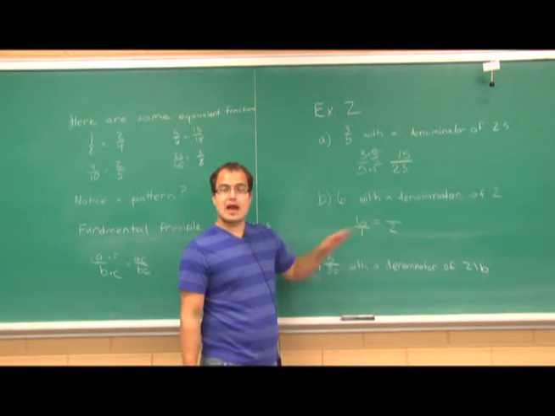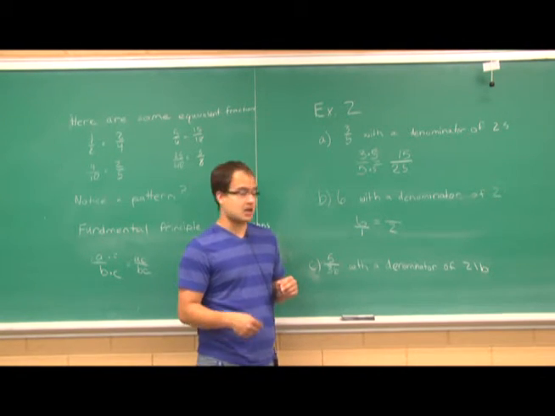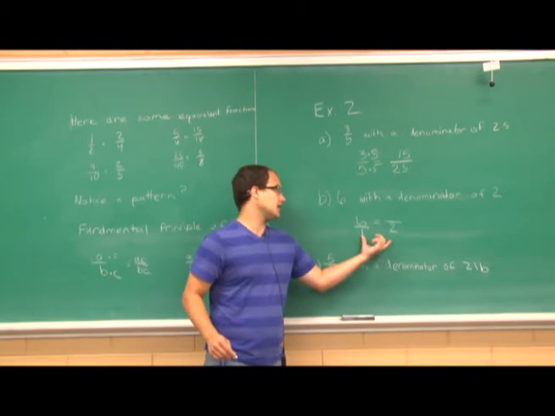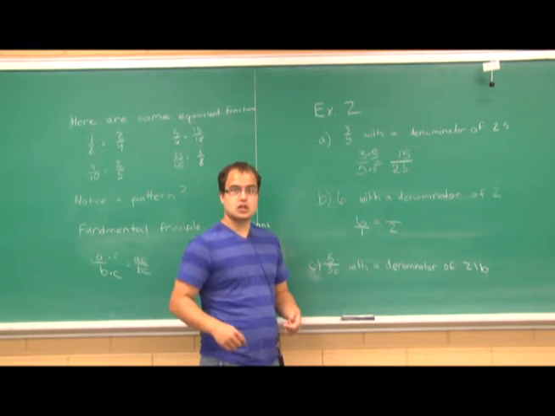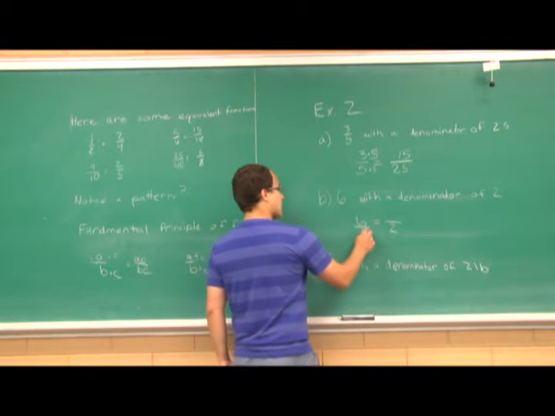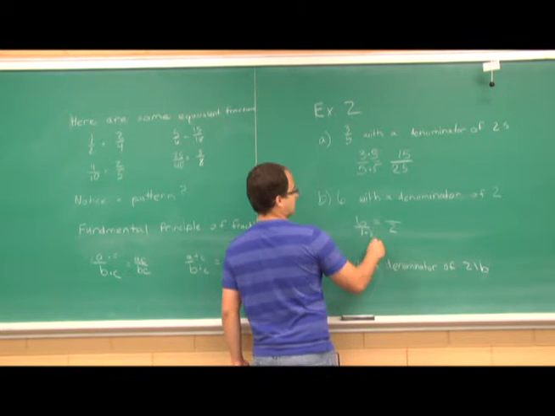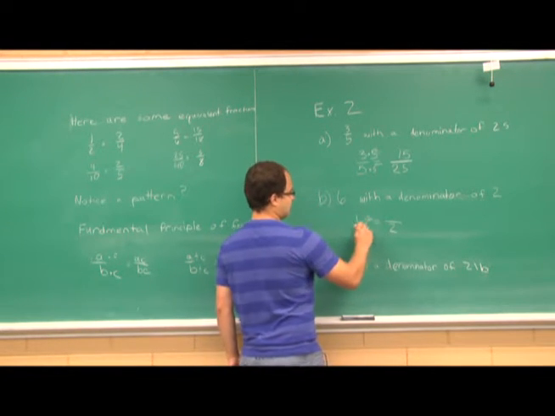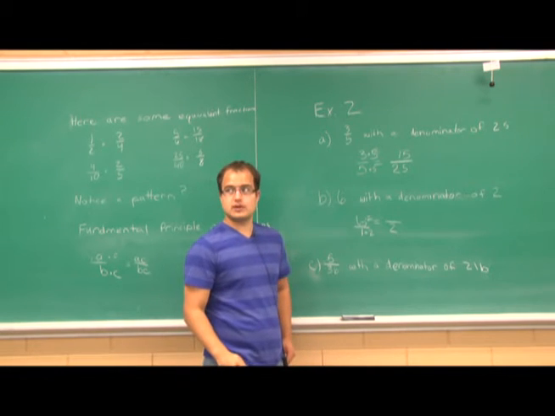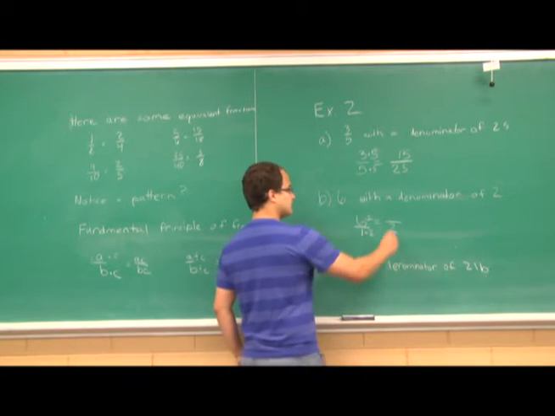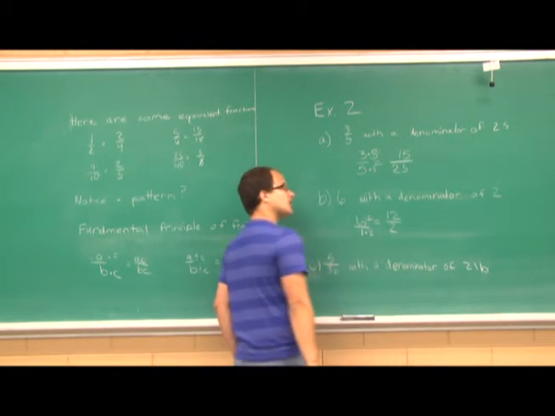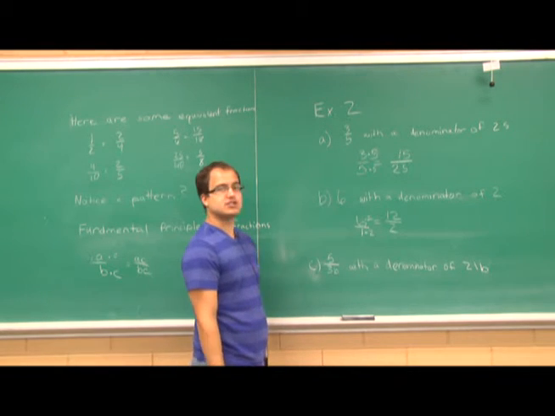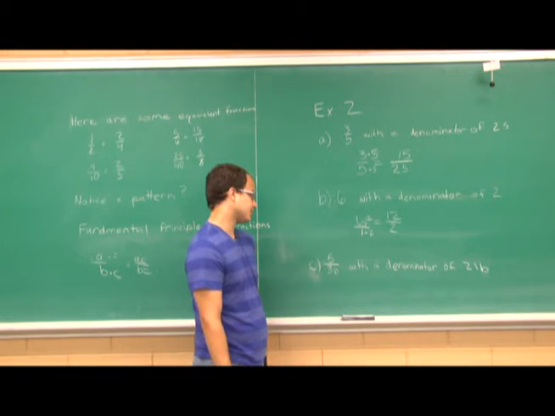So now I do have denominators I can compare. What's the relationship between 1 and 2? 2 is 2 times 1. So I have to multiply the 6 by 2. 6 times 2 is 12. So 6 with a denominator of 2 is 12/2.